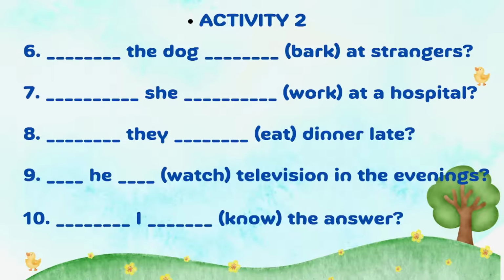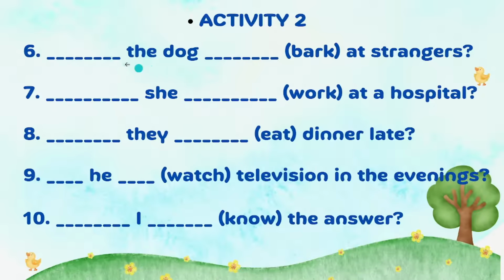So, as I said, for he, she, it, we will use the helping verb does. So, for number 6, it's going to be, does the dog bark at strangers? Okay? Alright, guys.